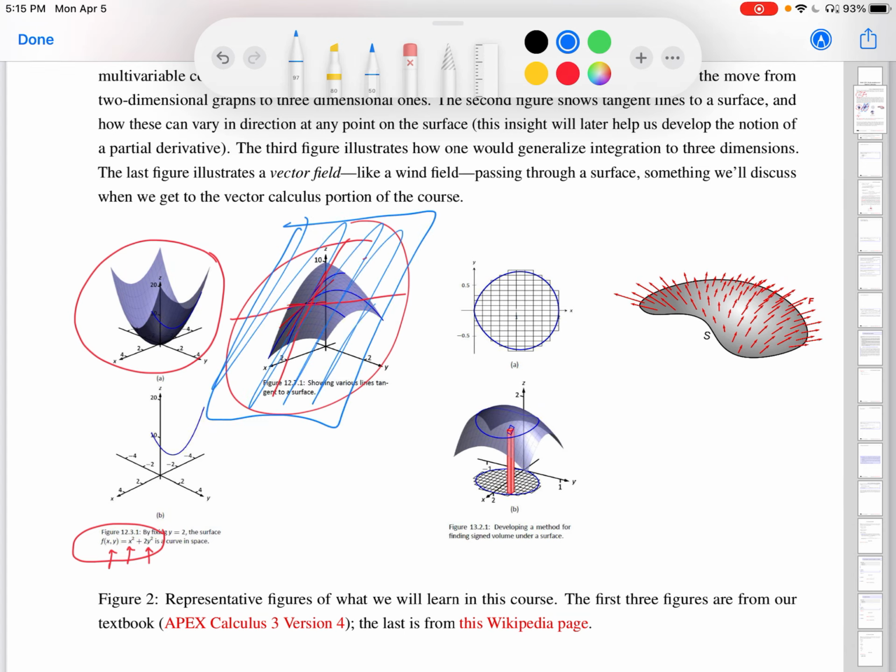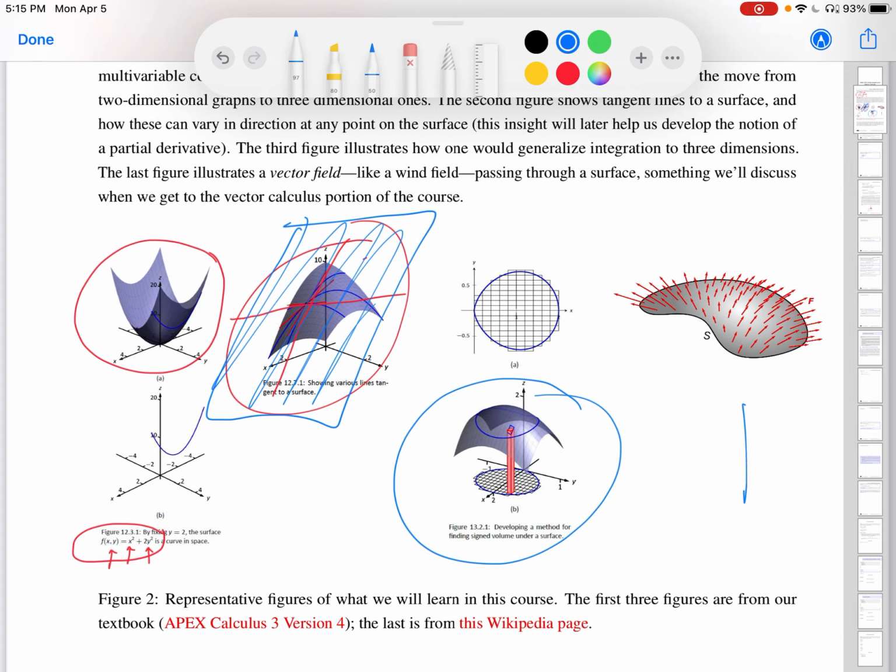So tangent planes are the analog of tangent lines in single variable calculus. We can also talk about integration. So in single variable calculus, the integral of a function was related to its area or net signed area. In multivariable calculus, the integral is going to be related to the volume or some other measure if the function has more than 2 independent variables.